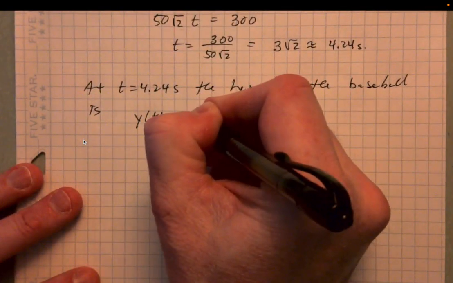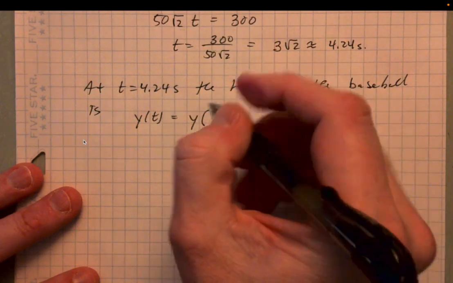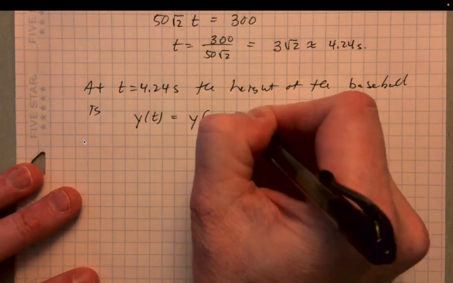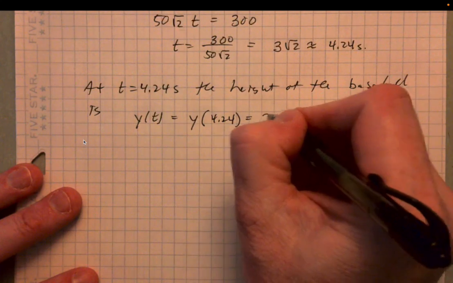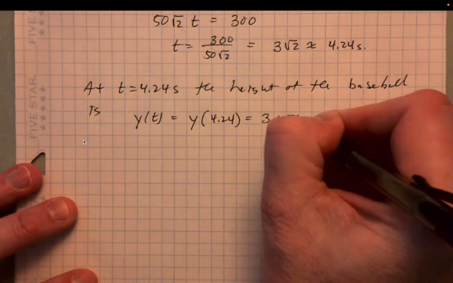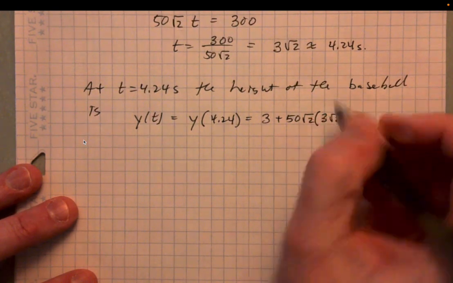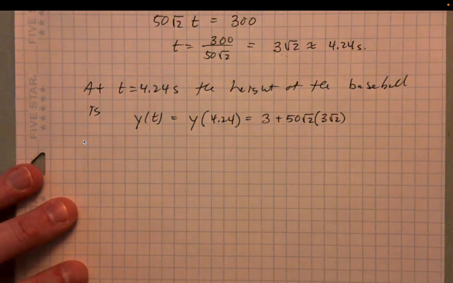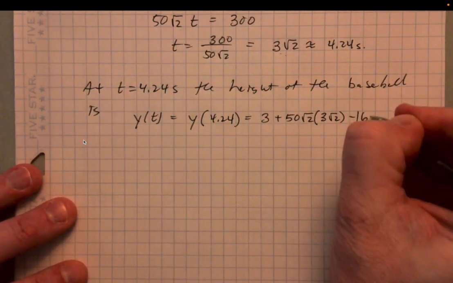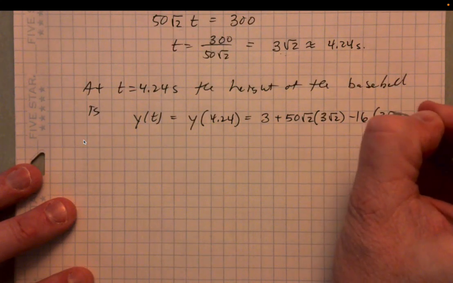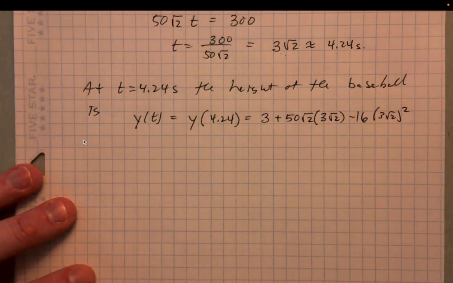So it'll be y of 4.24, and that's equal to 3 plus 50 times the square root of 2 times 3 square root of 2. I'm using this value up here. And then minus 16 times 3 square root of 2 squared.